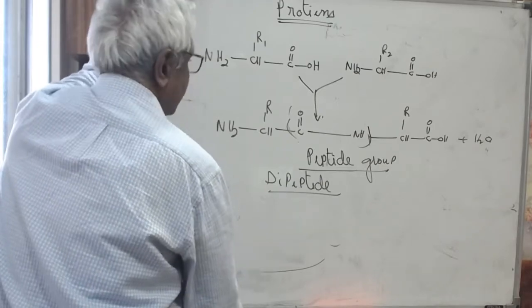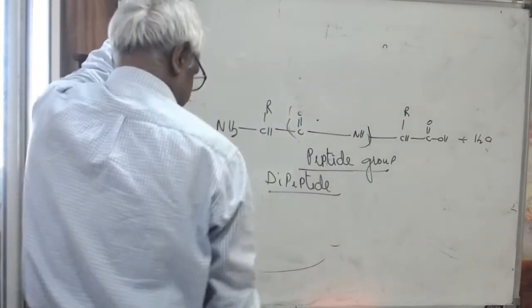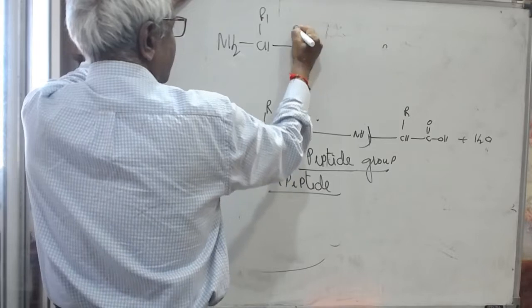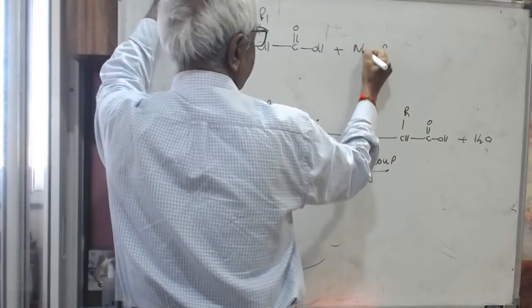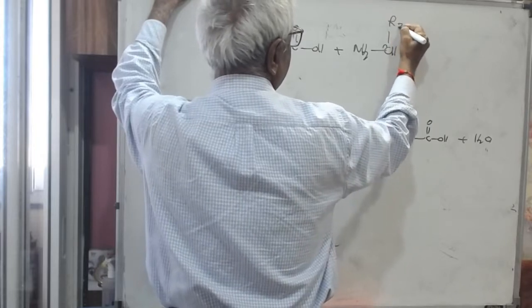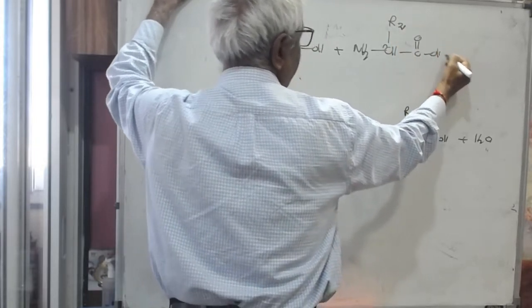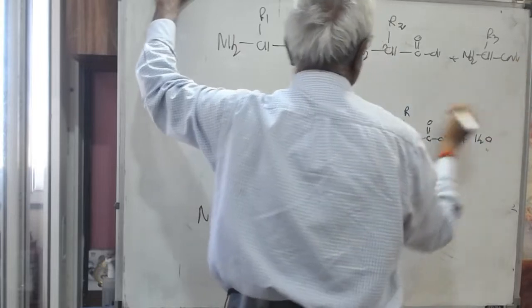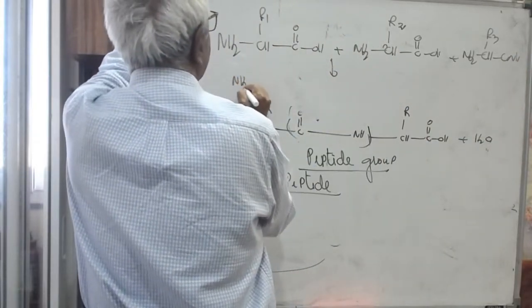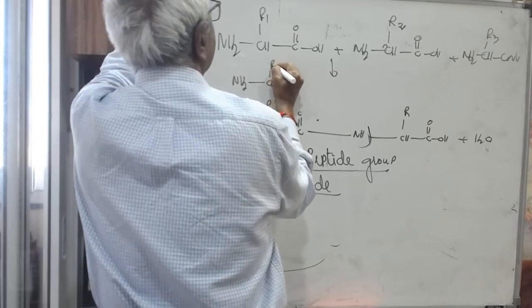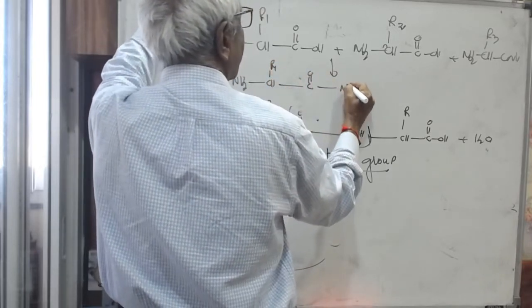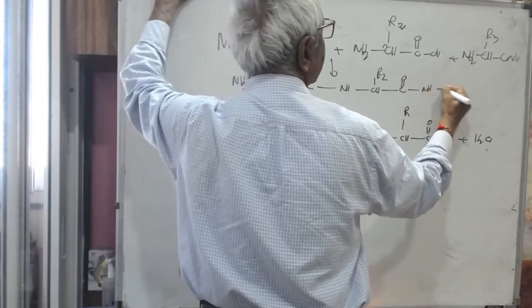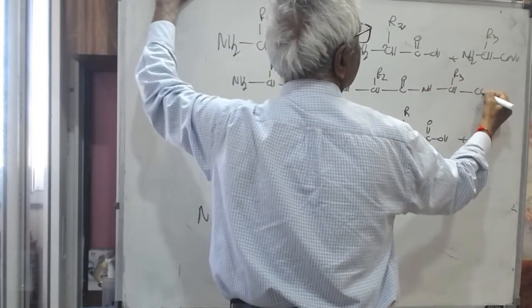When NH2CHR1COOH plus NH2CHR2COOH plus NH2CHR3COOH, three amino acids, join, then you get a peptide: R1 CO NH CH R2 CO NH CH R3 COOH.